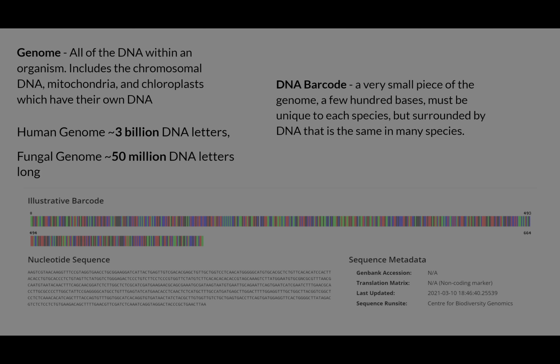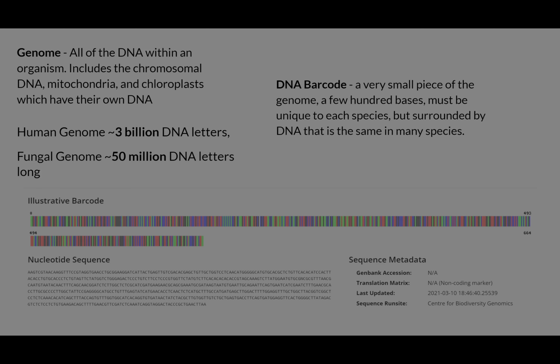On the other hand, a DNA barcode is just a very tiny piece of the genome, maybe a few hundred base pairs long. What makes a DNA barcode special is it doesn't tell us anything about the organism itself. You wouldn't be able to tell that a mushroom was blue or whether a mushroom was poisonous just by looking at a DNA barcode.